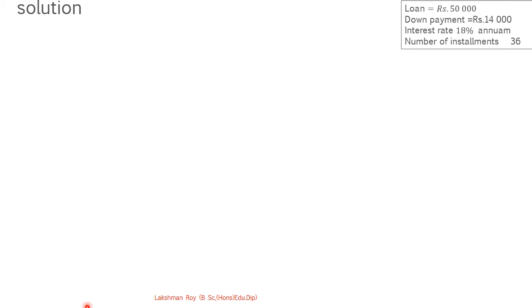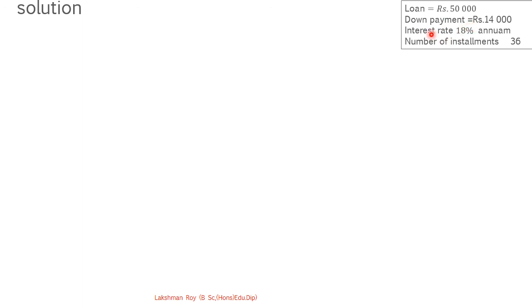Now you can see the given data in the example. The price of the refrigerator is 50,000 rupees, and you can pay a down payment of 14,000 rupees.